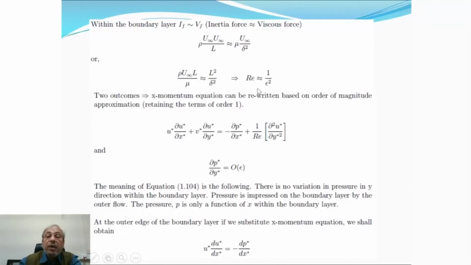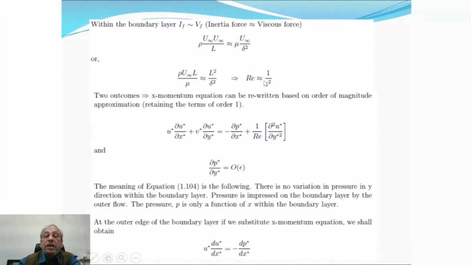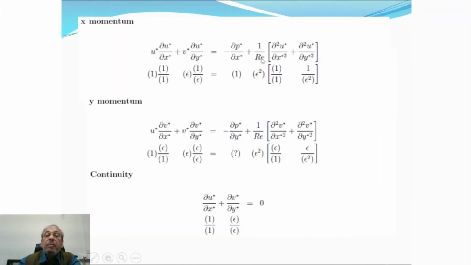So when we get Reynolds number as 1 by epsilon square, here we substitute: 1 by Reynolds number is epsilon square.